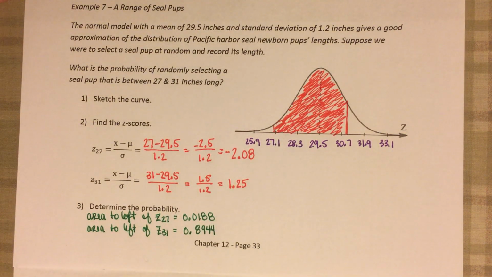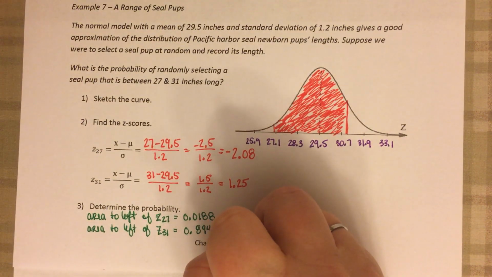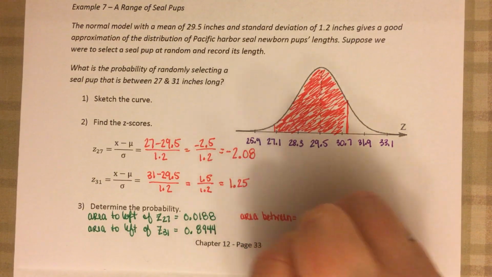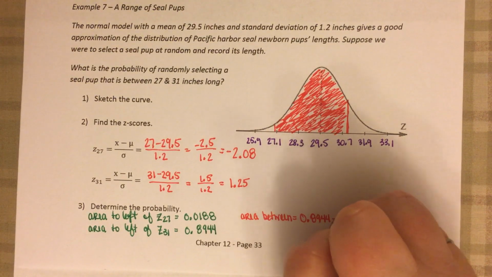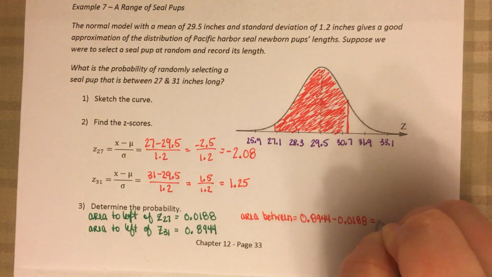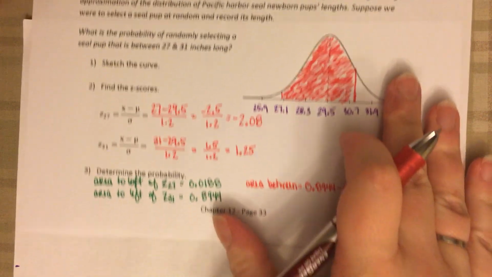Again, here we're working with a between problem, so we're going to subtract our values, largest minus smallest. So our area between is 0.8944 minus 0.0188, which is 0.8756.